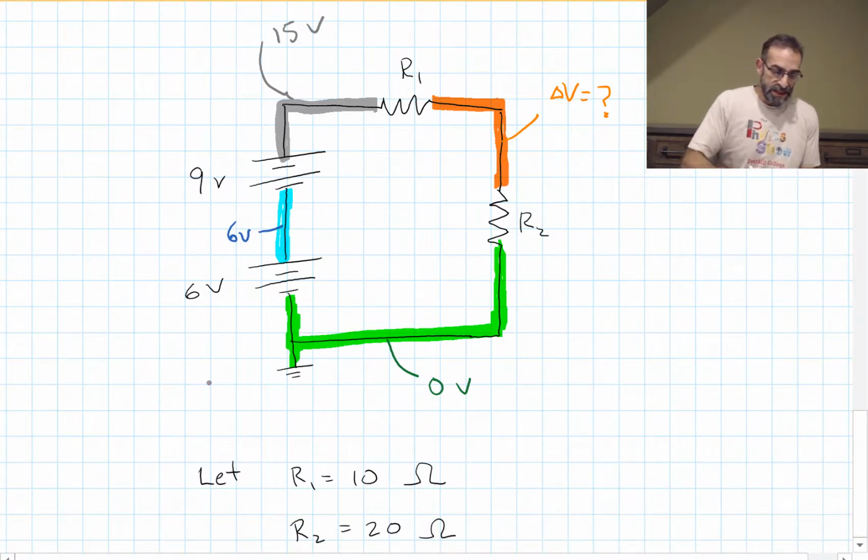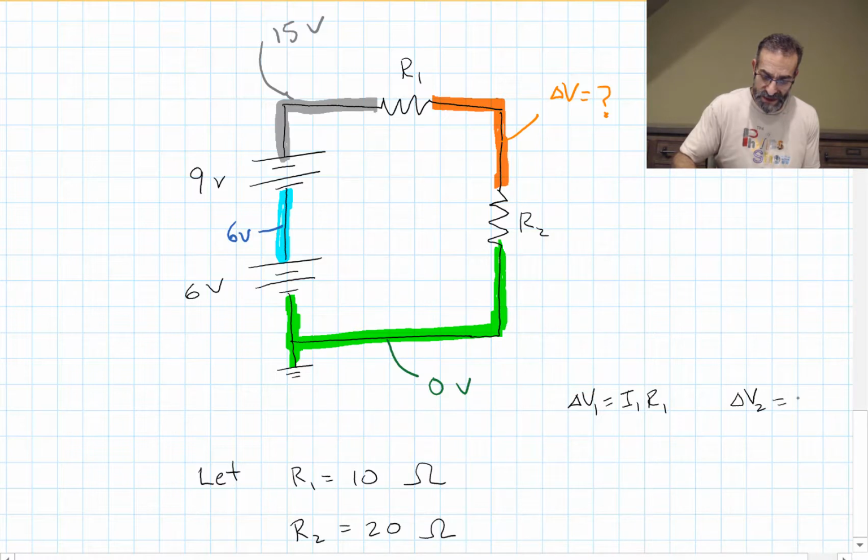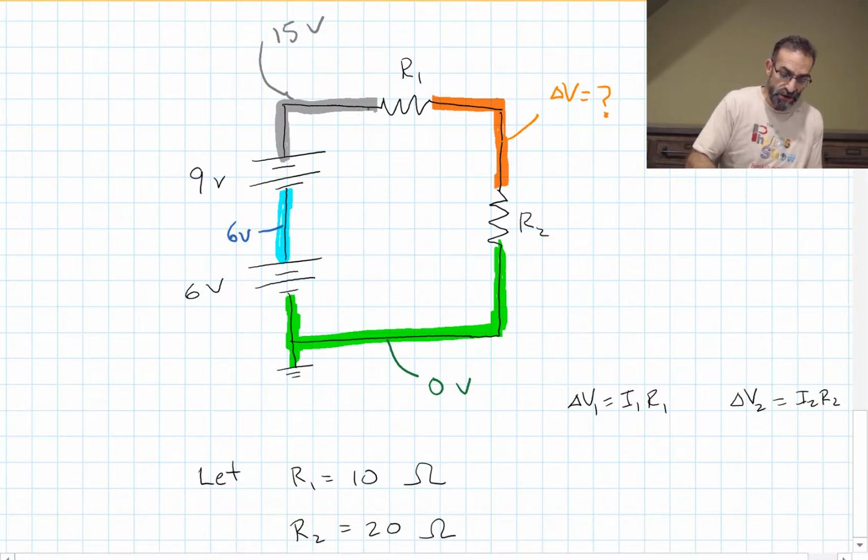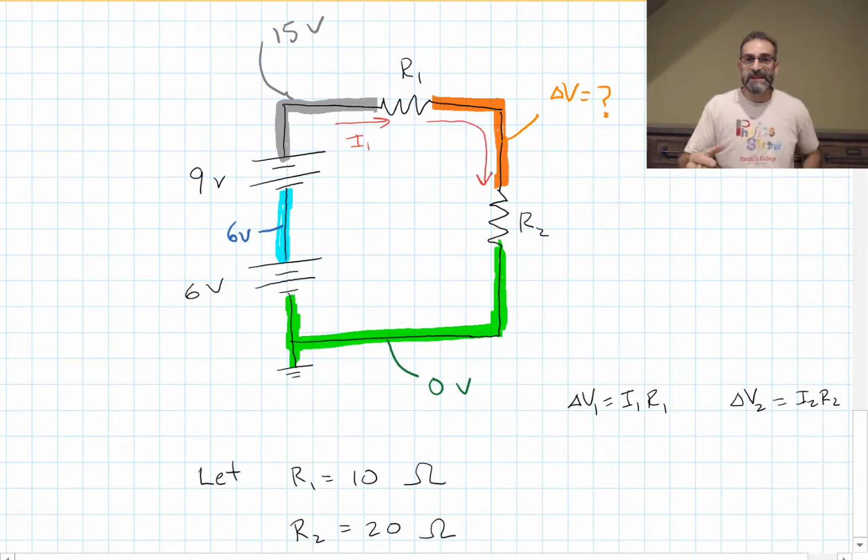So let's see if we can solve this using Ohm's law. The potential difference across resistor 1 is equal to its current times its resistance. And the potential difference across resistor 2 is equal to its current times its resistance. And what do we know about these? We know that whatever current is coming into resistor 1 has to be the same current that goes into resistor 2 because there are no forks in the road.